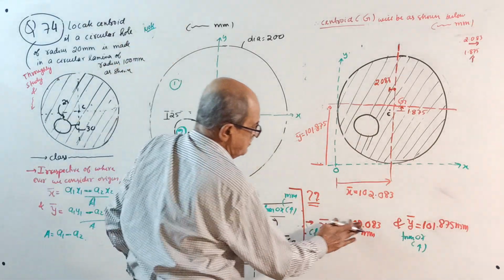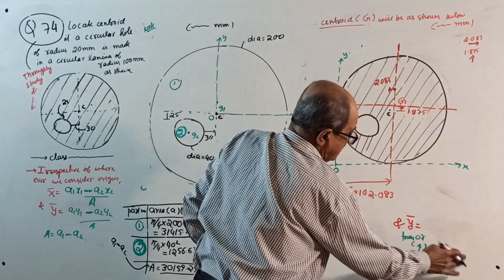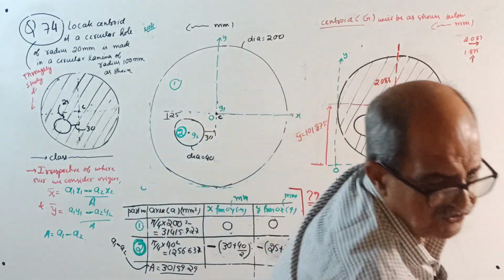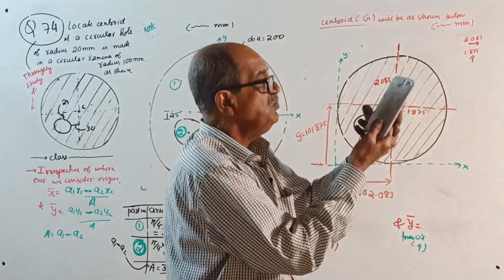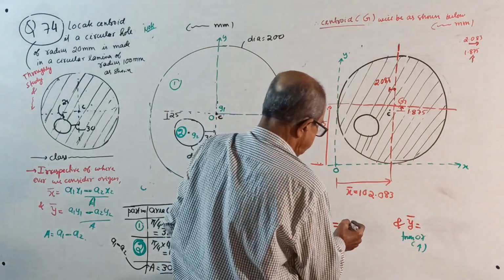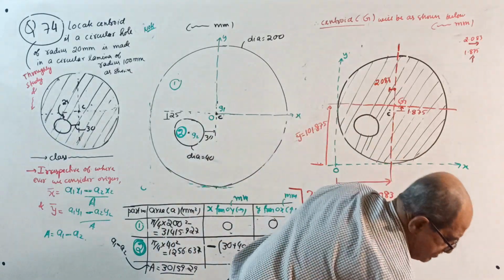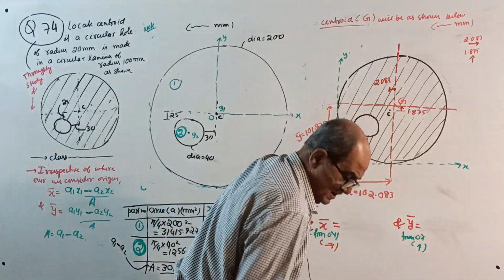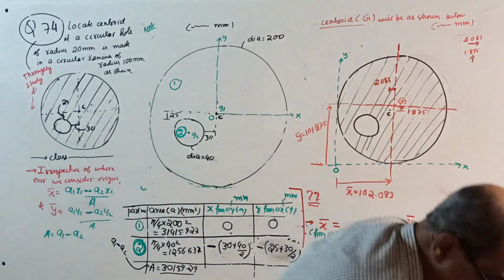Your X bar will come, Y bar will come. I'll calculate now. I'll use the calculator. Plus 2.083. It will come plus only, not minus now. See, last time you got negative sign.